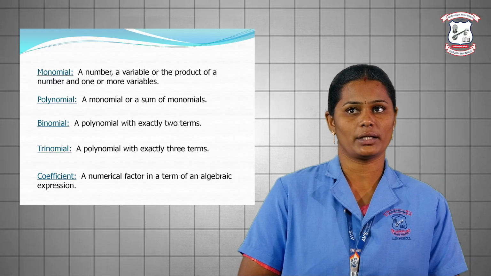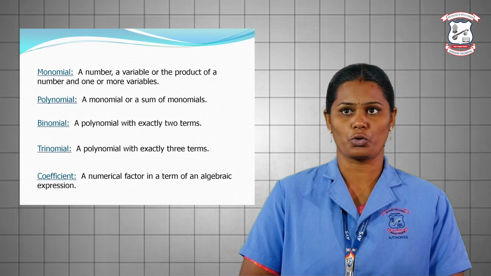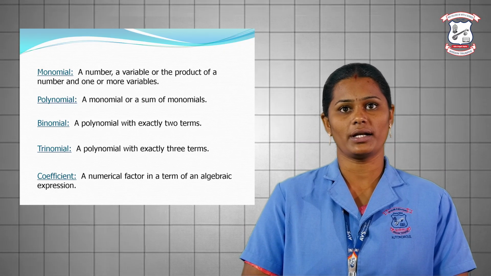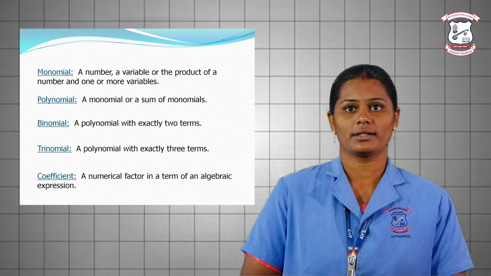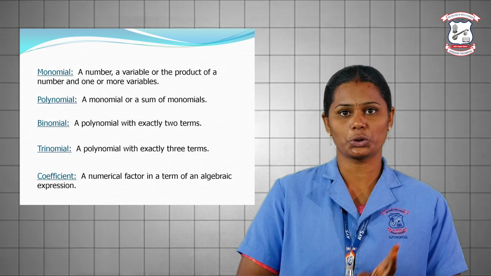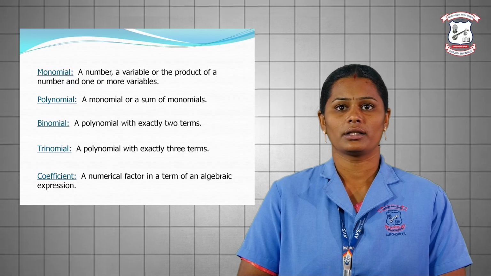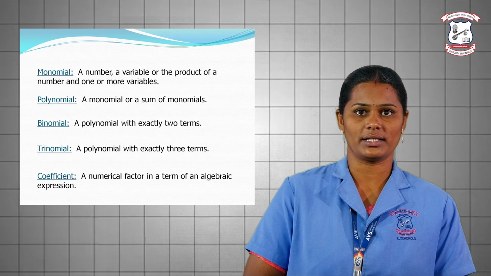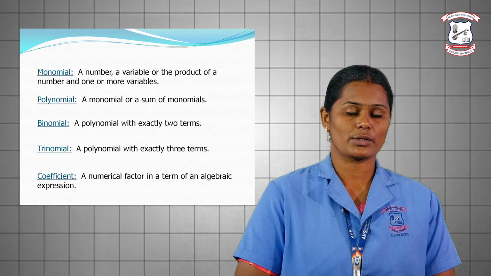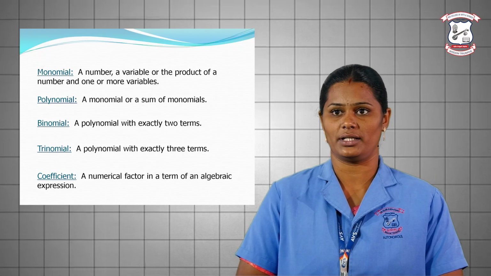A polynomial is a monomial or a sum of monomials. And then next one, binomial equation. A binomial has exactly two terms of the polynomial. And then next one, trinomial. A trinomial means we have exactly 3 terms of the polynomial.